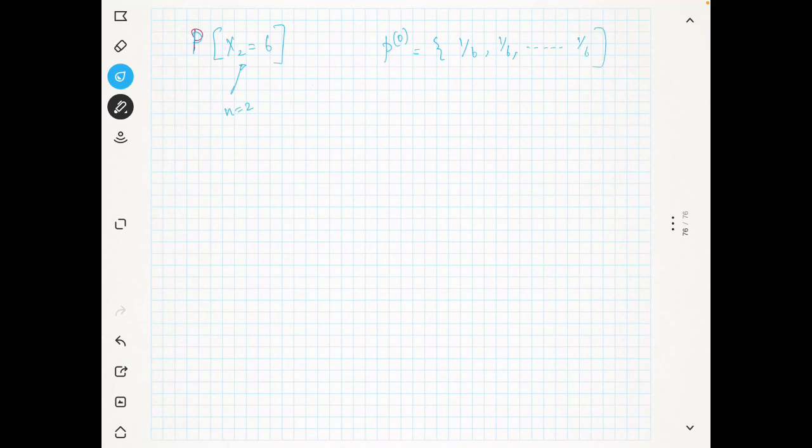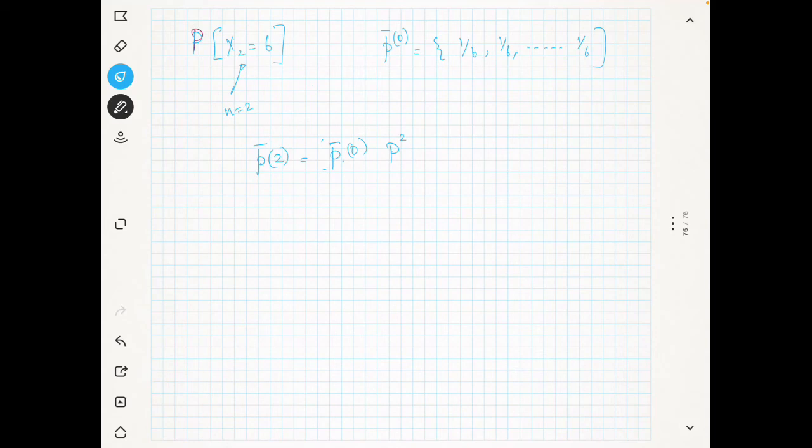So at time step 2, you can find the probability as initial probability P0, then you have to multiply with P squared. This is the time step 2.